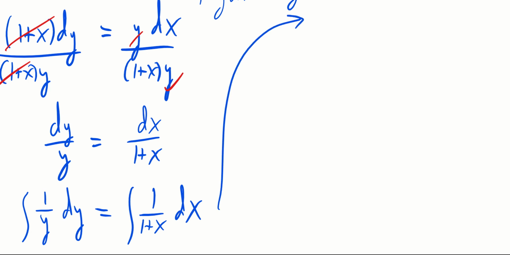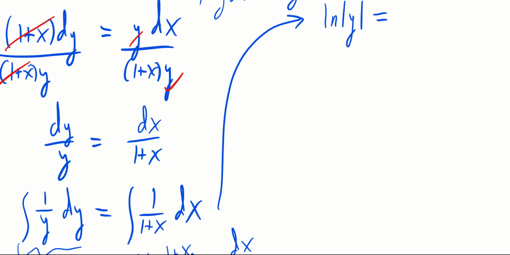This one here is an elementary antiderivative. The antiderivative of 1 over y dy is the natural log of the absolute value of y, which is equal to, here this would be a basic u substitution: let u be 1 + x, so du would be equal to dx.